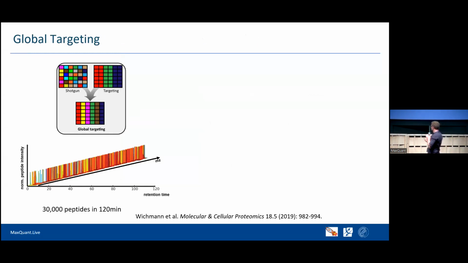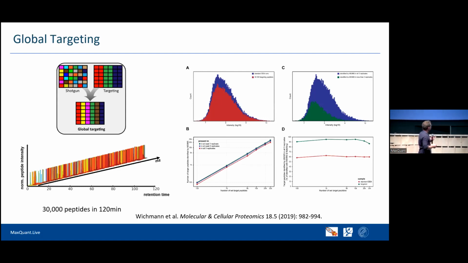So there were several sets of peptides selected from previous runs, up to 30,000, and then we compared DDA to our targeting approach. And this figure D is probably the most important here.